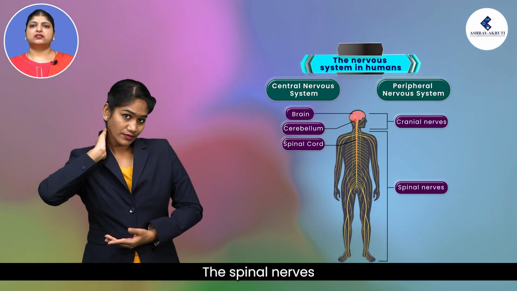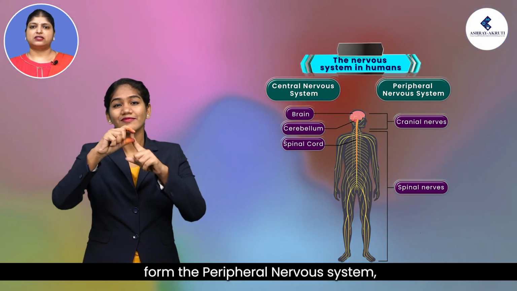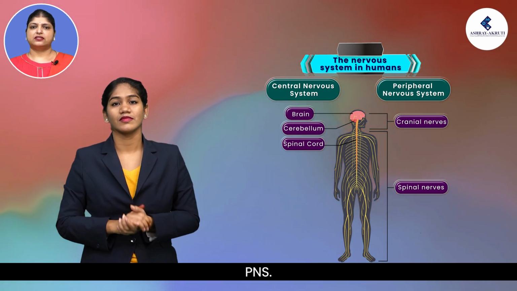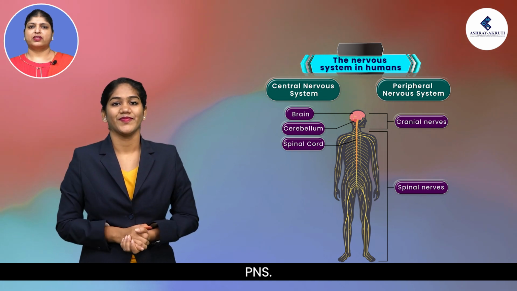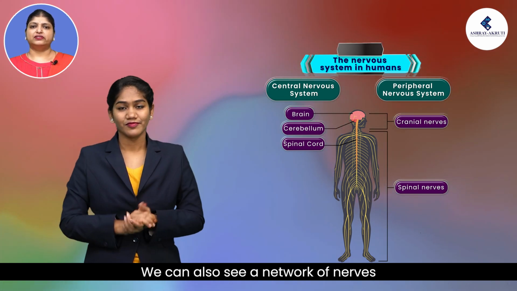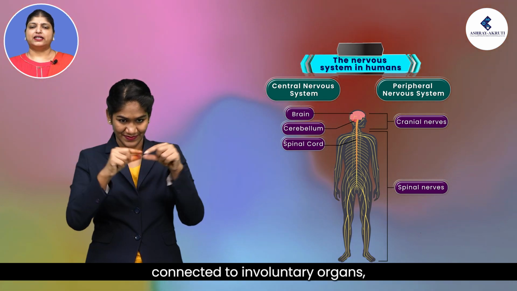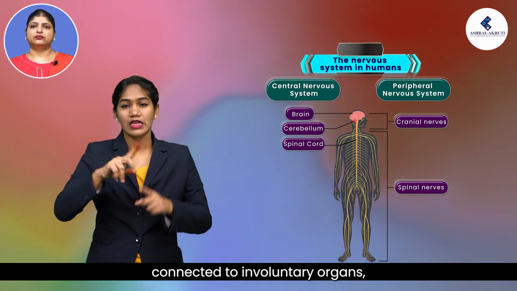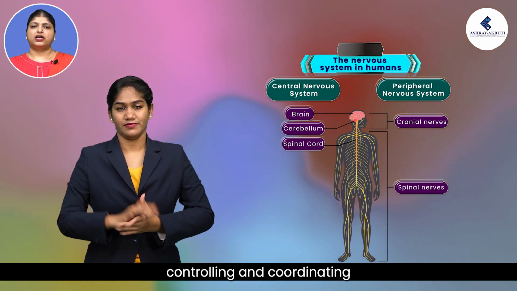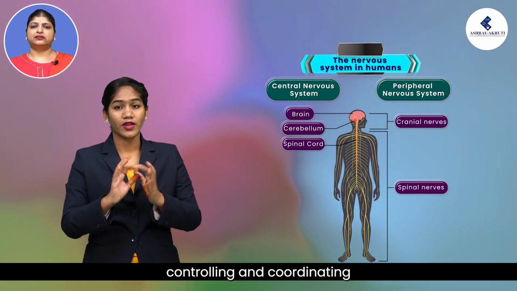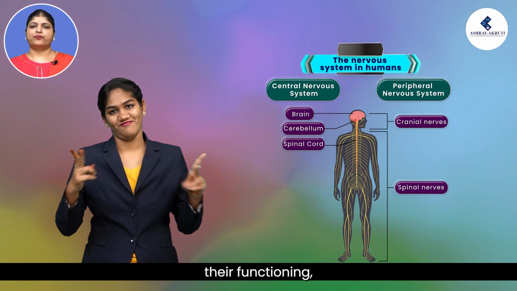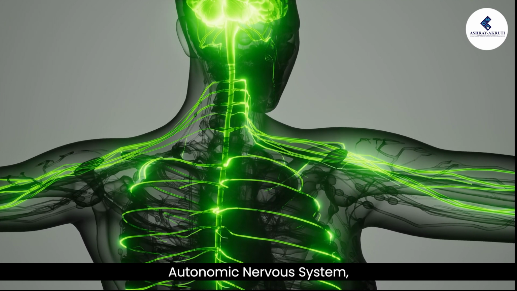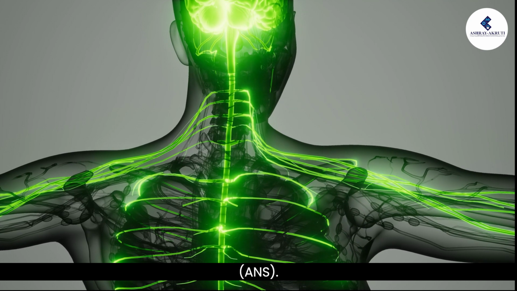The spinal nerves form the peripheral nervous system, PNS. We can also see a network of nerves connected to involuntary organs controlling and coordinating their functioning, which is called autonomic nervous system, ANS.